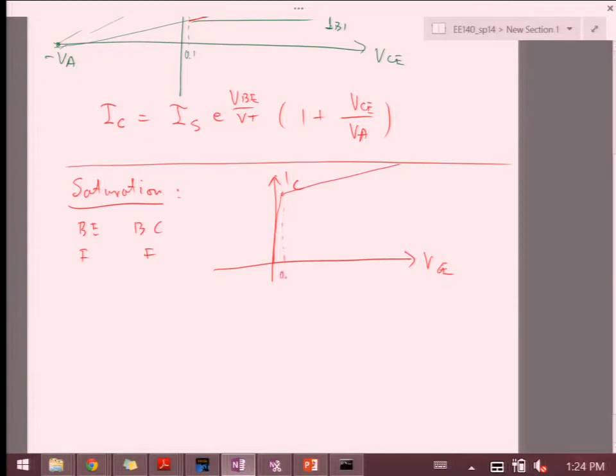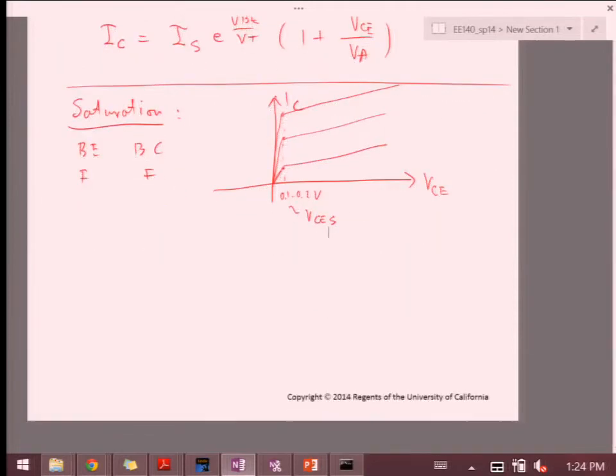This is about 0.1 to 0.2 volts. And all the currents that hit here will drop very abruptly to 0. So this voltage is called VCES, or the saturation voltage.